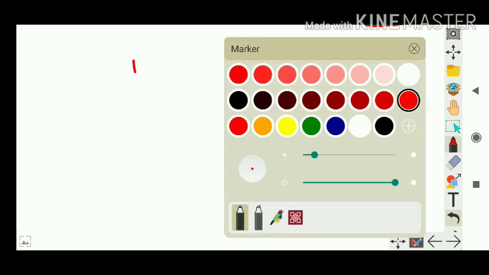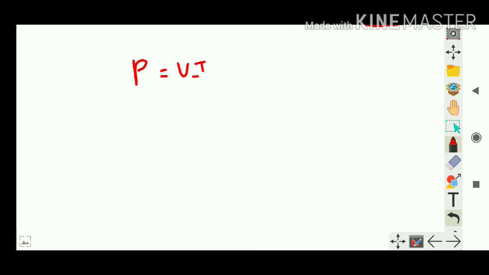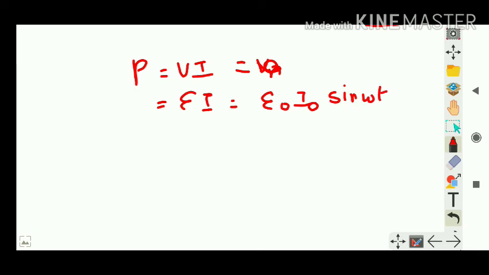Just like in the case of the inductor, the average power generated by the capacitor is 0 itself. How that is derived, I will tell you now. Just like the previous case of the inductor, power is equal to VI. In place of V I write epsilon, so epsilon I, that is epsilon naught I naught, times sine omega t and sine omega t plus pi by 2.